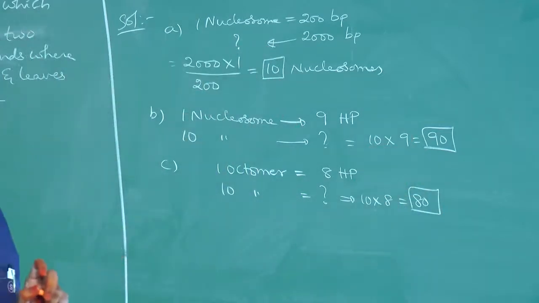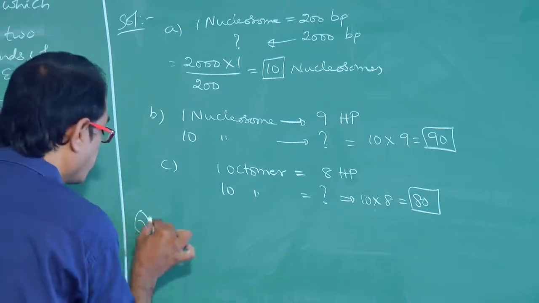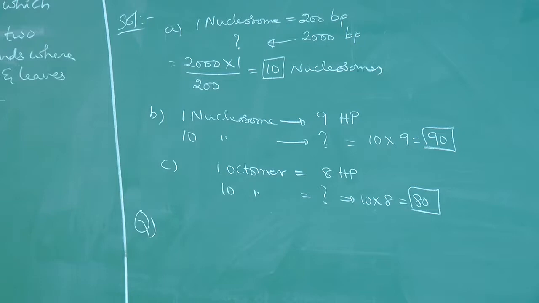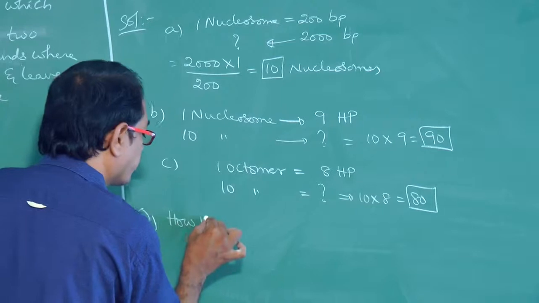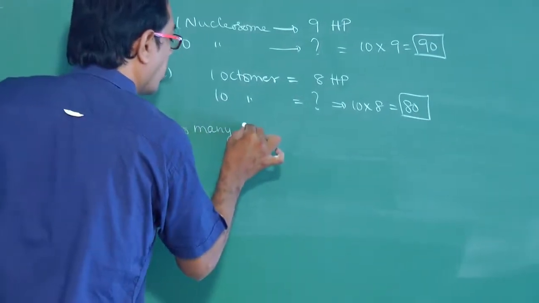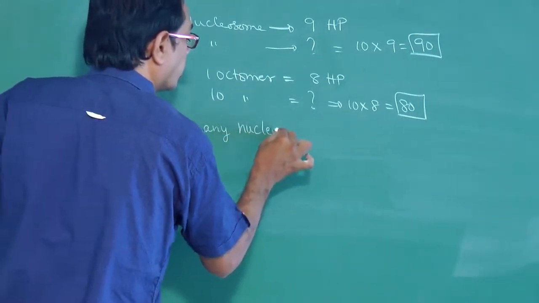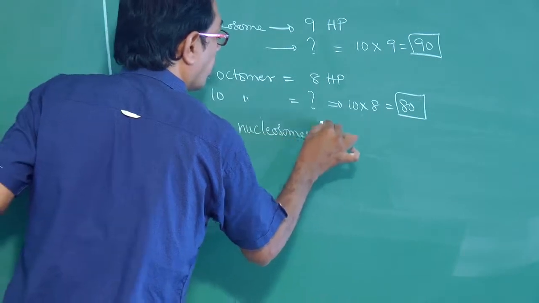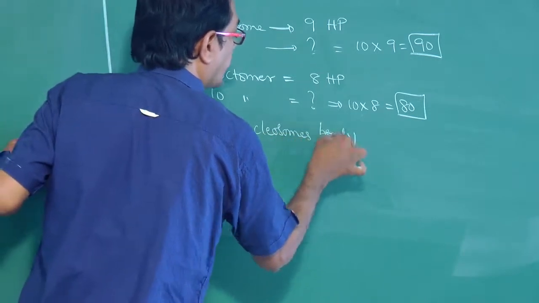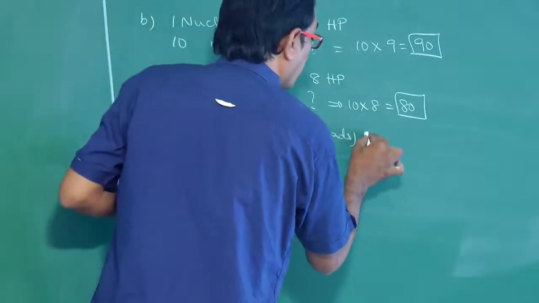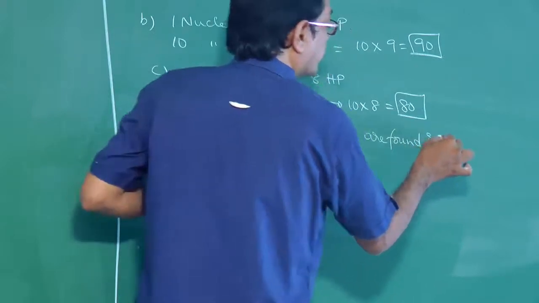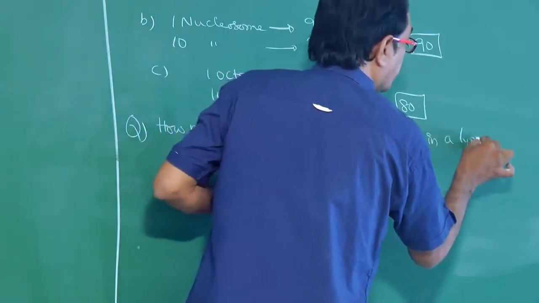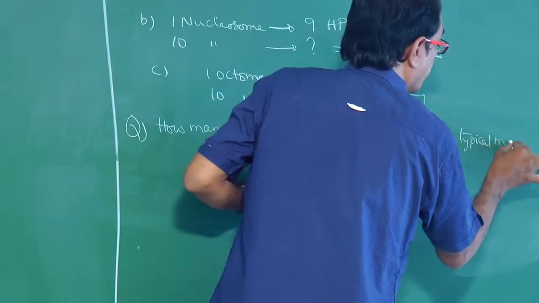And in our NCERT textbook, one question is asked like this: how many nucleosomes or beads are found in a typical mammalian cell?